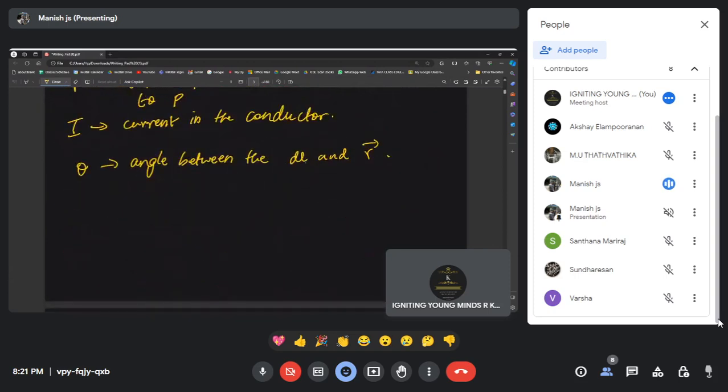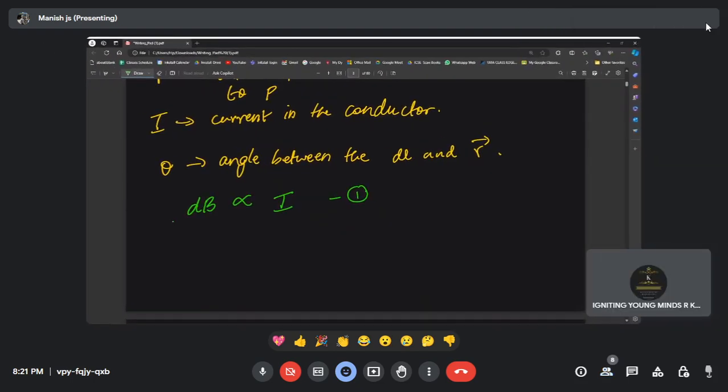So according to Biot-Savart law, you have a small relationship. It tells you that the small magnetic field dB is directly proportional to the current passing through the conductor, first and foremost. Second, the small magnetic field is also proportional to the small element dl, because you're only choosing that small length.